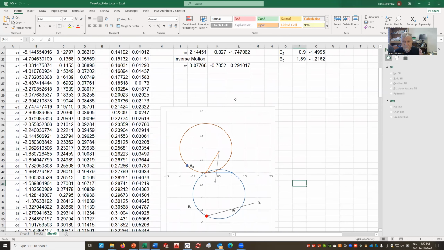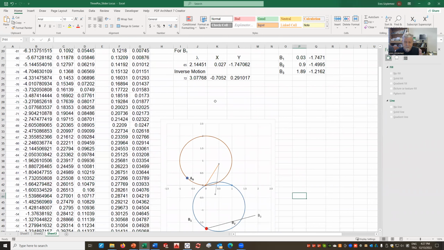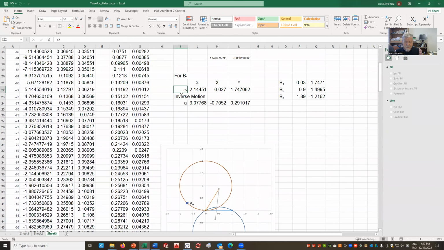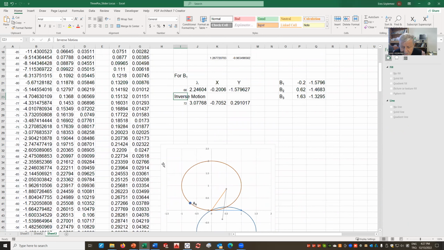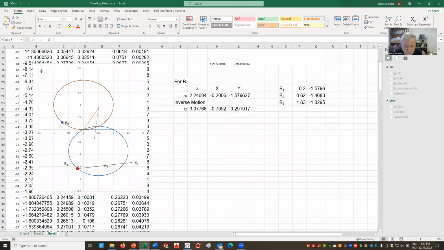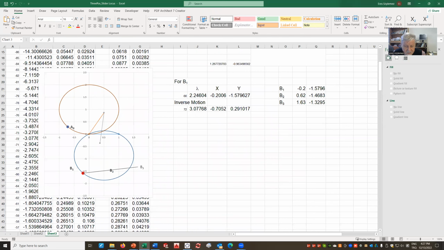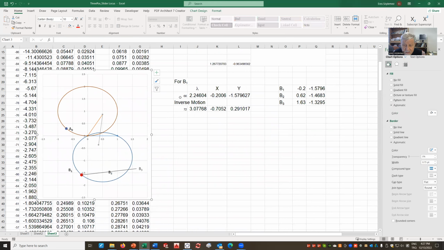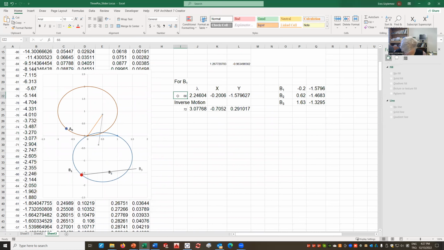Now, notice I can change 65 to 66. Let me move this up so that you can see. 67. Hey, it's getting horizontal. The reason I didn't want that in the first case is this point looks to be on the circumcircle.